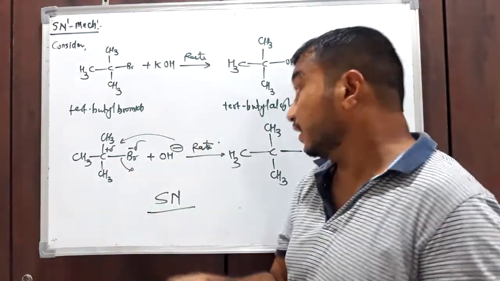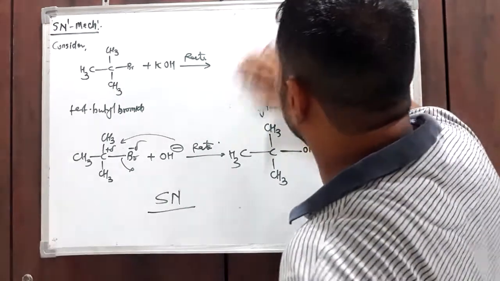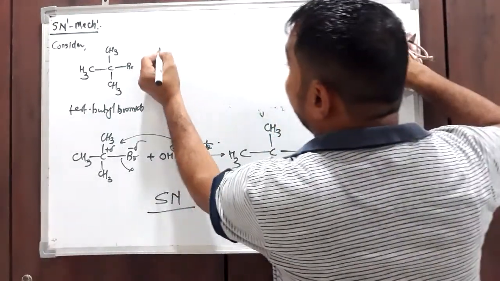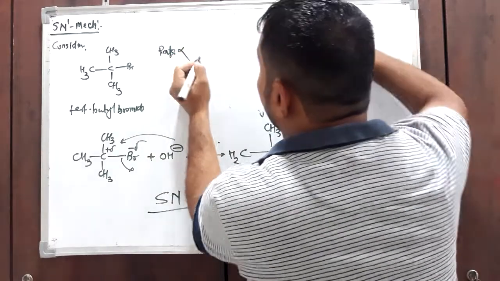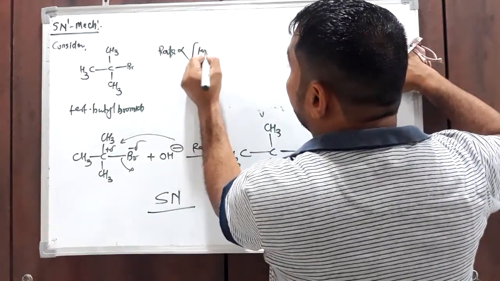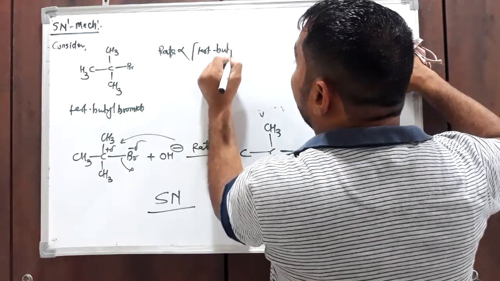Here the rate is directly proportional to the concentration of tertiary butyl bromide.